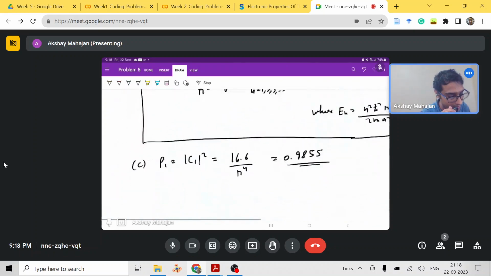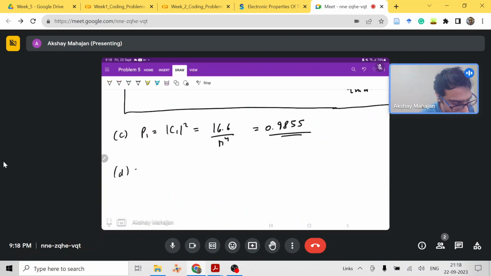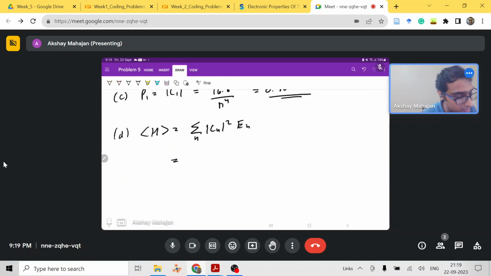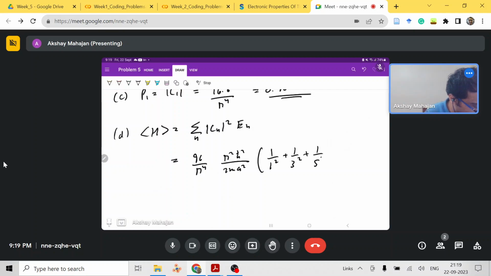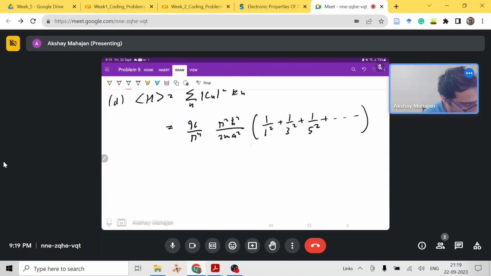Now find the expectation value of the energy. As we have discussed in the previous question, the expectation value of the Hamiltonian will be the summation over n of mod of Cn squared times the En values. This will be given by 96 upon pi to the power 4 times pi squared h-bar squared by 2m a squared, times 1 upon 1 squared plus 1 upon 3 squared plus 1 upon 5 squared, and so on, since only the odd n are contributing.